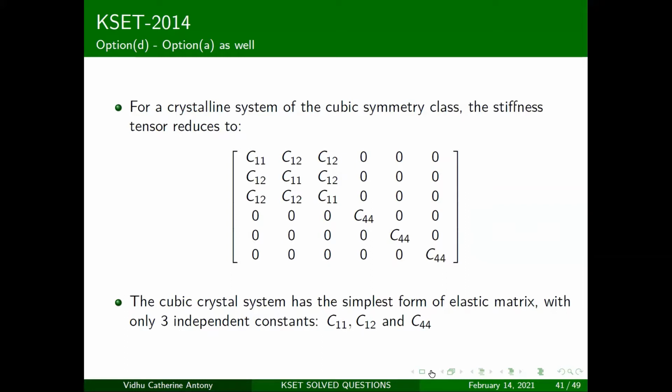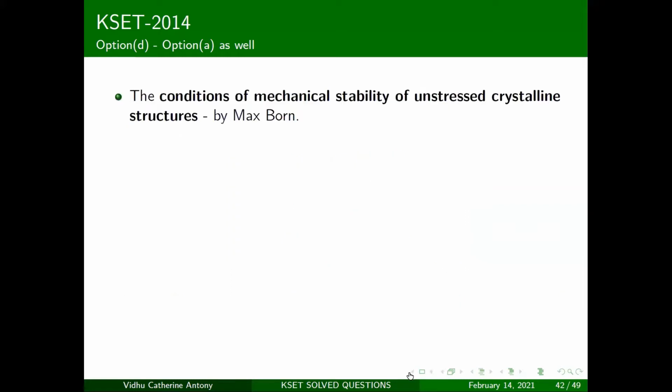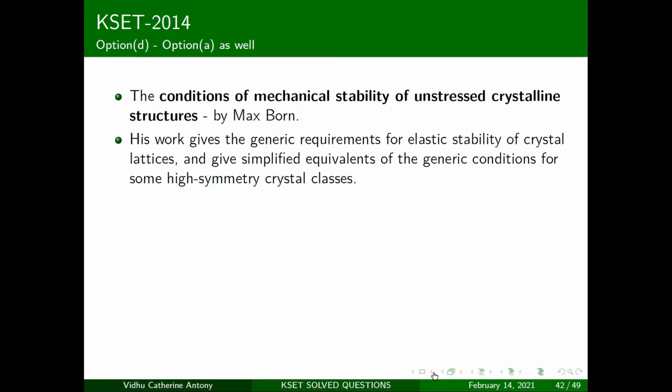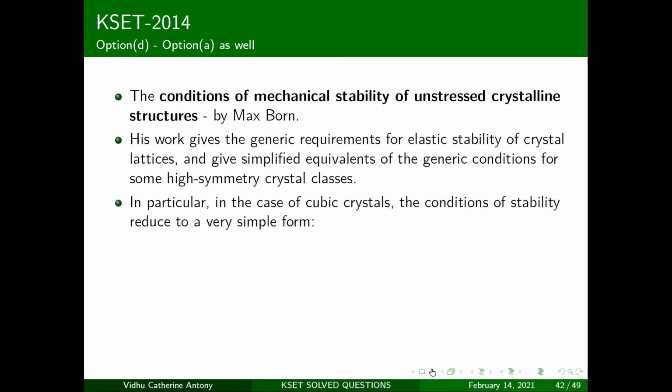Who actually started looking into this? The conditions of mechanical stability of unstressed crystalline structures, like this cubic crystal, were worked out by Max Born. His work gives the generic requirements for elastic stability of crystal lattices, and simplified equivalents of the generic conditions for some high symmetry crystal classes.